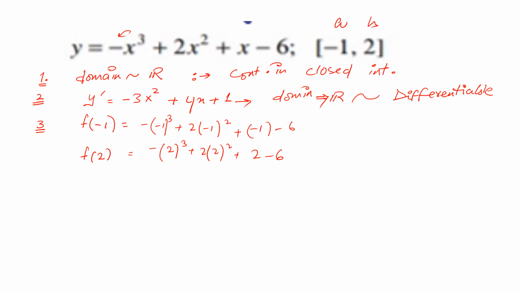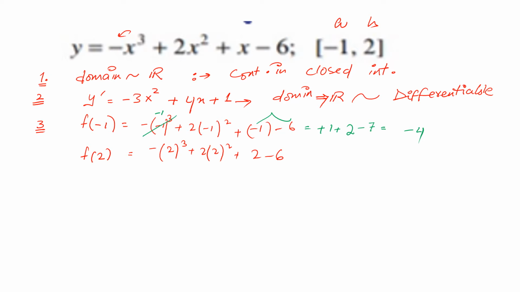So on solving, you will get -1 cubed, so negative, you will get +1, and (-1) squared means +1, so you will get +2 here also. And +1 and -6 gives you -7. So you will get -4 as an answer.